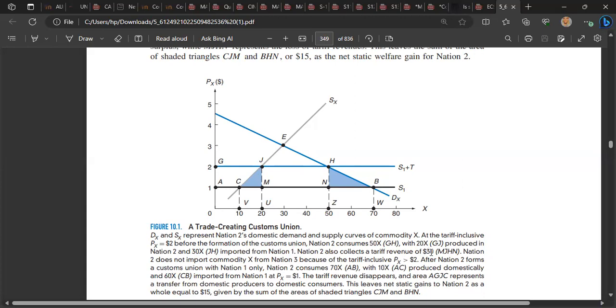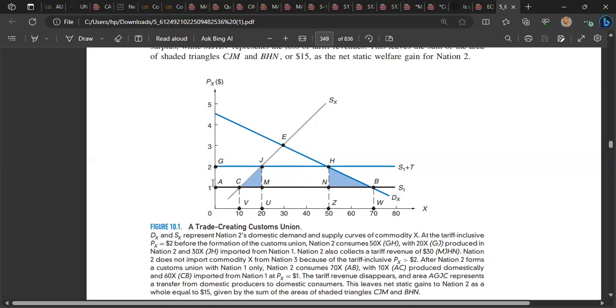So nation 2 also collects a revenue of what? Of 30. How do they get that revenue? It's the difference between 2 and 1, multiplied by 30. So 30 is what is being imported, and then the tariff that is charged on the import. The initial price is 1, and with the tariff, the price gets to 2.